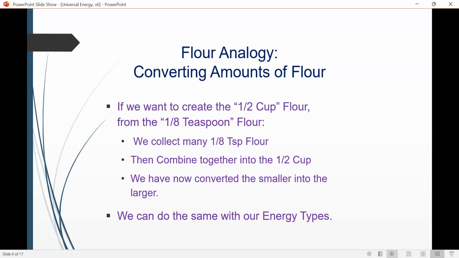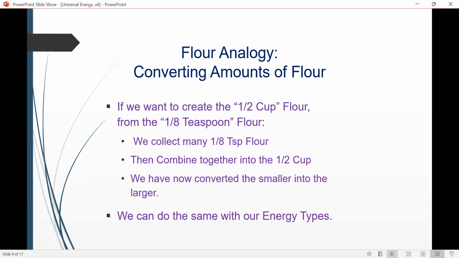Then we take those and dump them one at a time into our half cup container. Now we have a half cup of flour based on all the 1/8 teaspoons that we had. It's just adding to combine and get a larger amount.